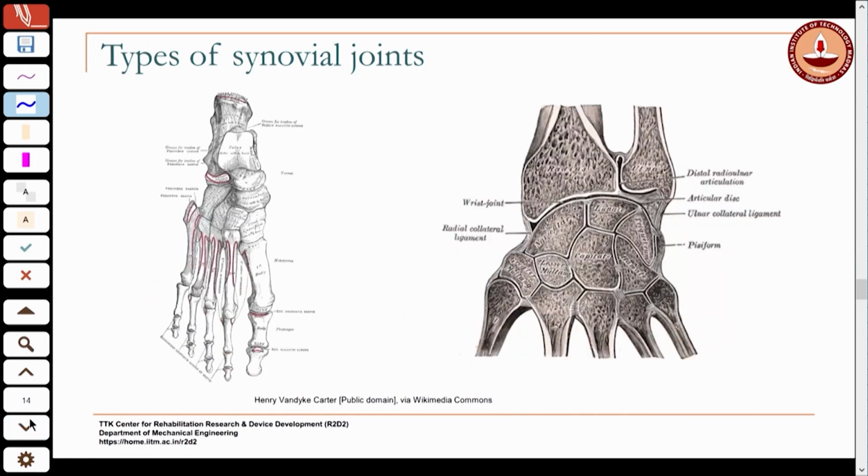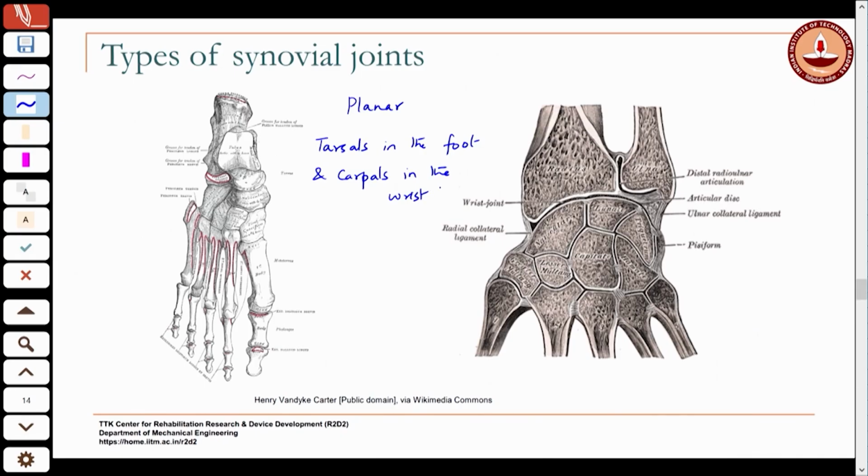The planar joint, planar or gliding joint, is what you see between the bones of the carpals in the wrist and the tarsals in the foot. So, planar joint, you see it in the tarsals in the foot and carpals in the wrist.